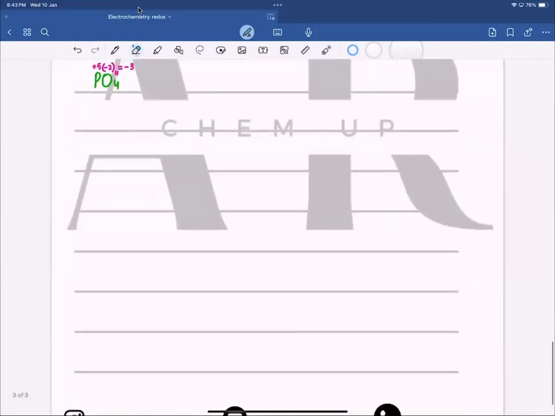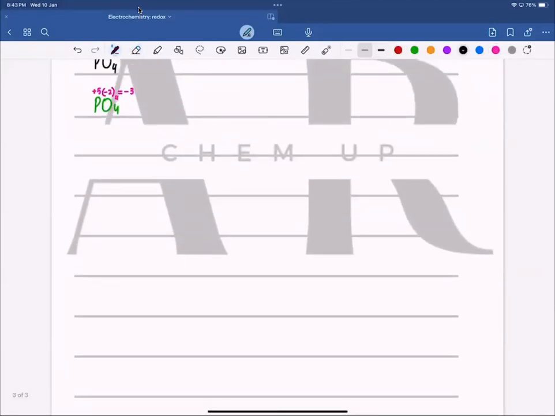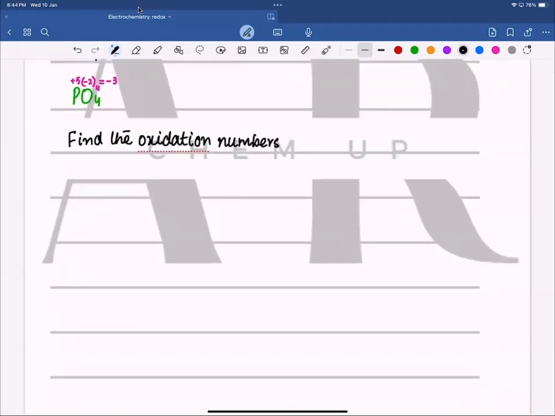Okay, so after this, now I am going to give you a home task: you have to find the oxidation numbers of the elements in each of the given compounds.